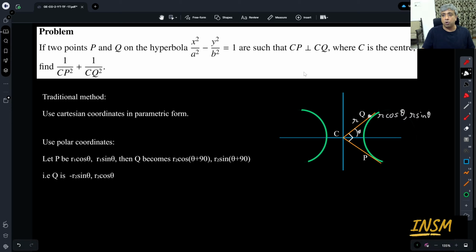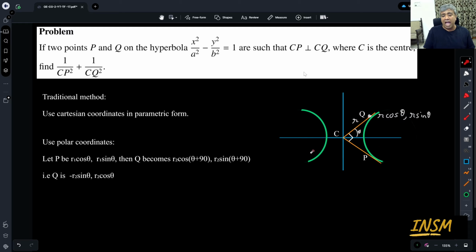So here for this problem, we assume P to be R1 cos theta, comma R1 sin theta. So length CP will be R1 and the angle it makes with the positive x-axis will be theta. Since Q is at 90 degrees from CP, its angle would be theta plus 90.